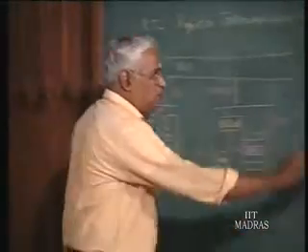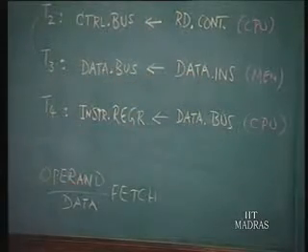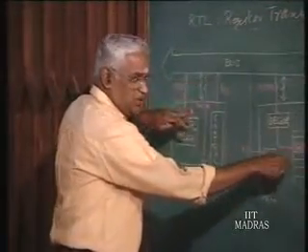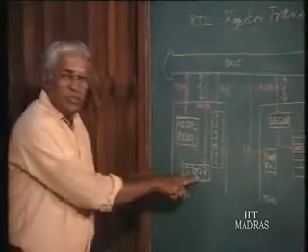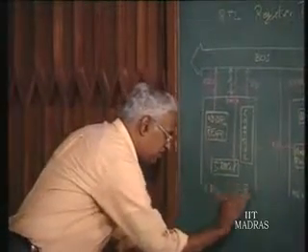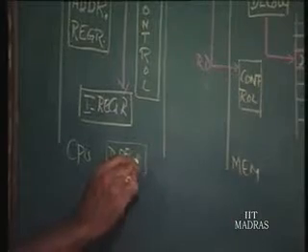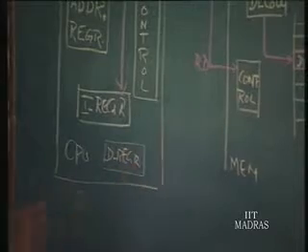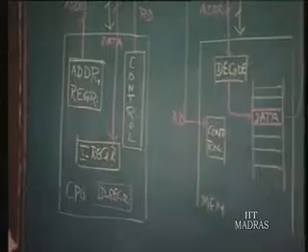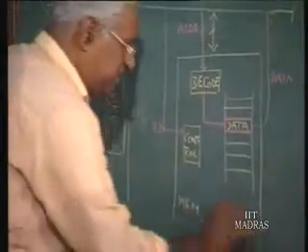Now instead of an instruction fetch, if an operand fetch comes, obviously the contents of that location will not be routed to the instruction register, but will go to another register, call it, say, the D register, for data register. So some other register. This is how we have the architecture of the CPU also evolving. We'll come back to this a little later.